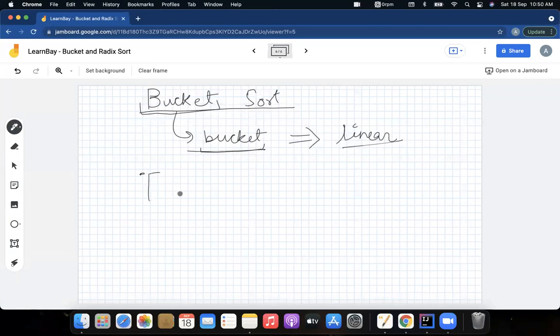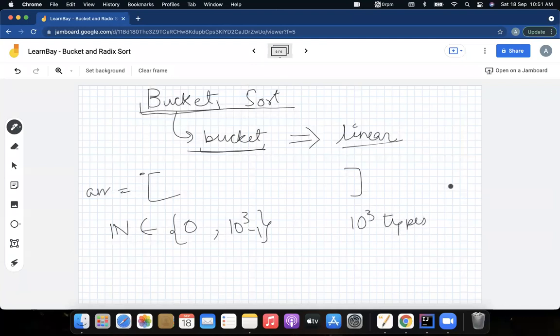For example, let's say you have an array, same question, but now your numbers range from, let's say, 0 to 10 power 3. So there are 1,000 types, and let's say the number of elements is also almost 1,000.